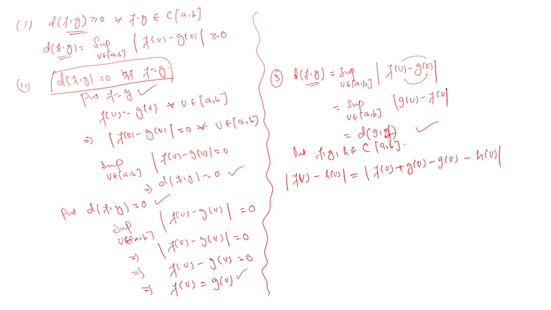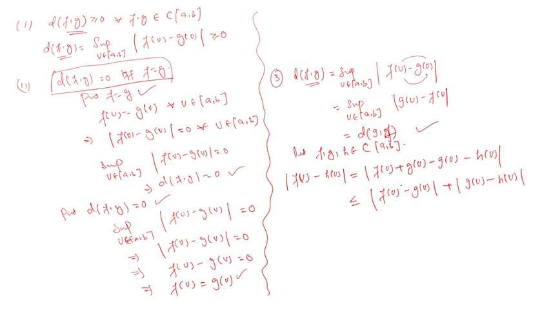Easily I can write this because I can cancel out this and this, and again I will get the same thing, that is from the left hand side. And now I'm going to use here the inequality, so I can write it less or equal to mod f of u minus g of u plus mod g of u minus h of u.